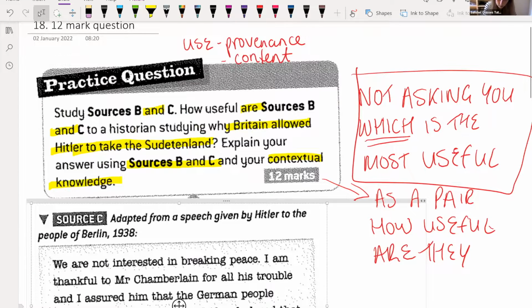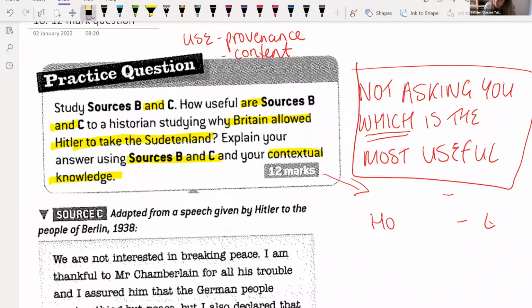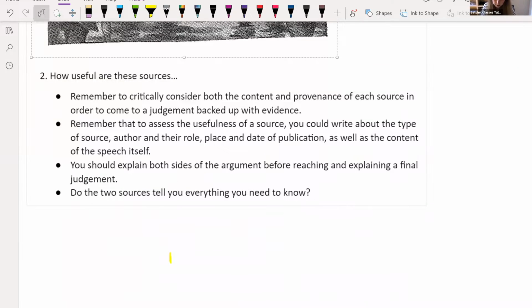I'm just going to rub that bit out for now because I'm going to annotate the sources next to it. Okay, so let's just go down and have a look at the examiner's tips for this. So, question number 2. Remember to critically consider both the content and the provenance of each source in order to come to a judgment backed up with evidence.